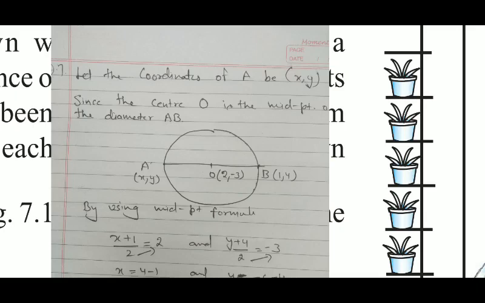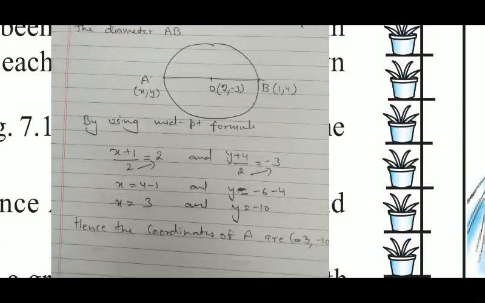You can see its diagram. In a circle, AB is the diameter whose center is O. The coordinates of O are (2, -3) and the coordinates of B are (1, 4). We have to find the coordinates of A, and let us suppose the coordinates of A are (x, y). Here we will use the midpoint formula, which is ((x1 + x2)/2, (y1 + y2)/2).